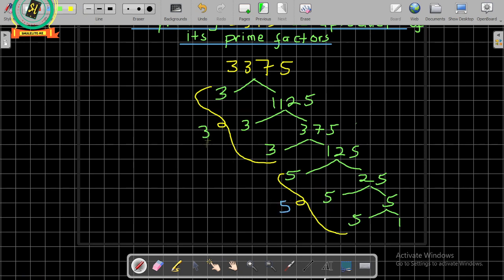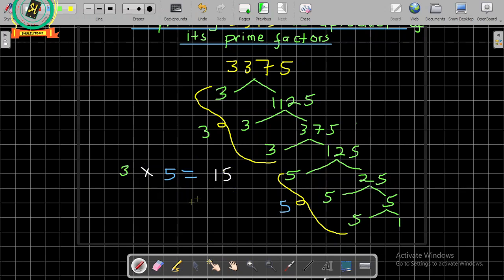So if we take 3 and multiply by 5, we obtain 15. So let me have 15 like this there.